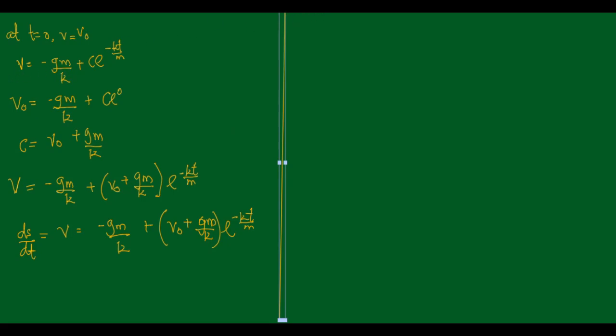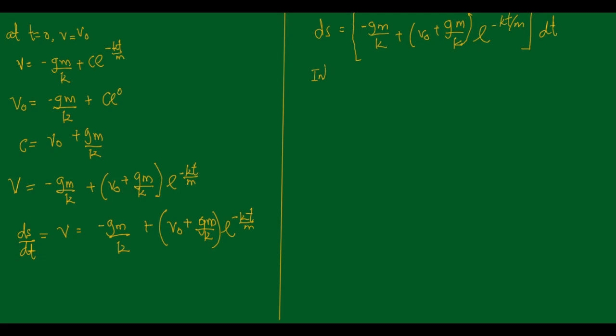So you can apply the separation of variables method here. We have ds to be equal to minus gm divided by k plus v naught plus gm divided by k, e raised to power minus kt over m, dt. So you can integrate both sides from here.